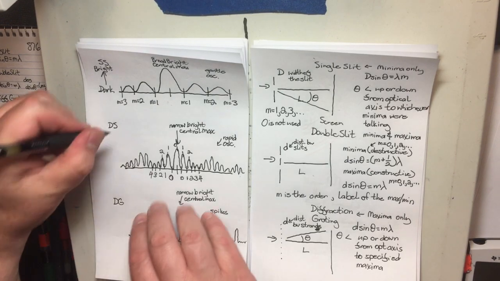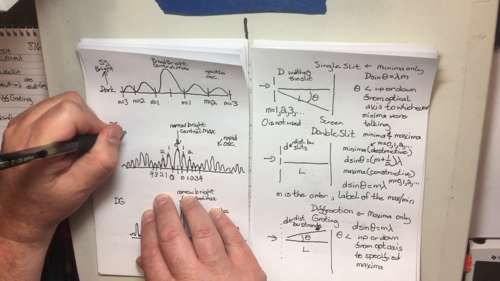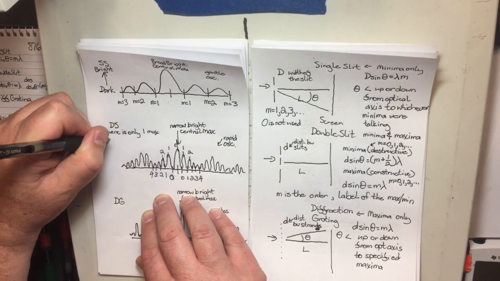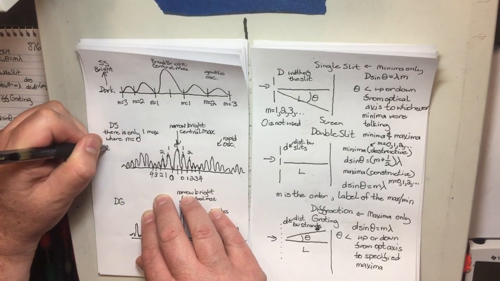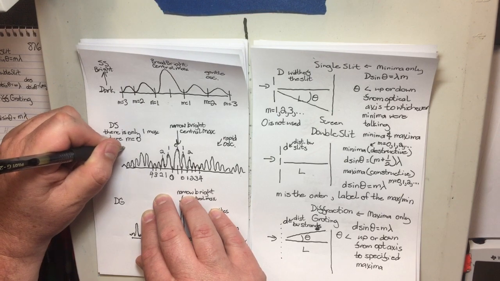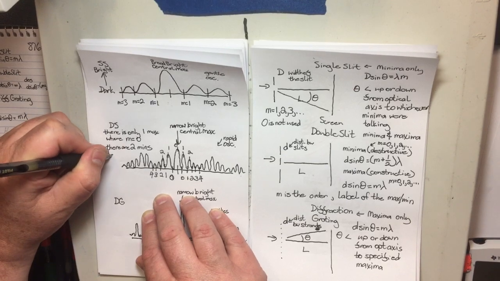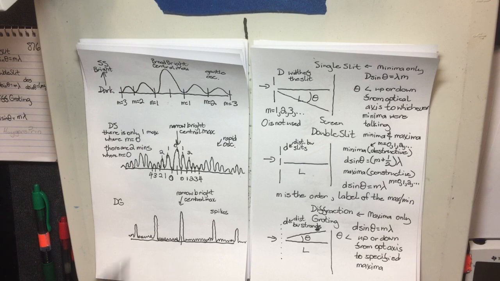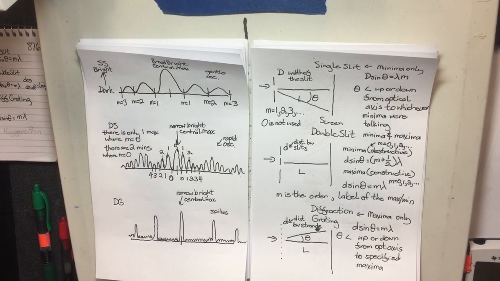The one thing to note is there is only one max where M is equal to 0. But there are 2 mins where M is equal to 0. There are 2 zeros, minima, over there and over there, but only one central max, so there's only one where the maxima is 0.